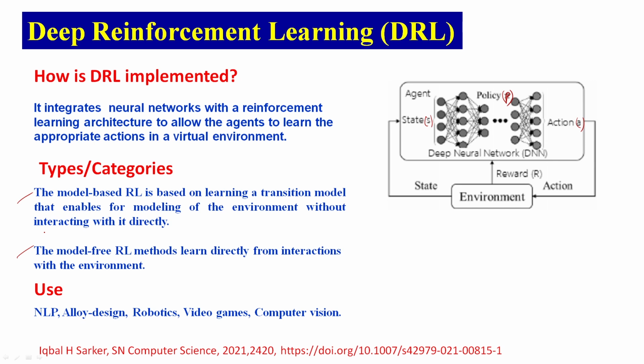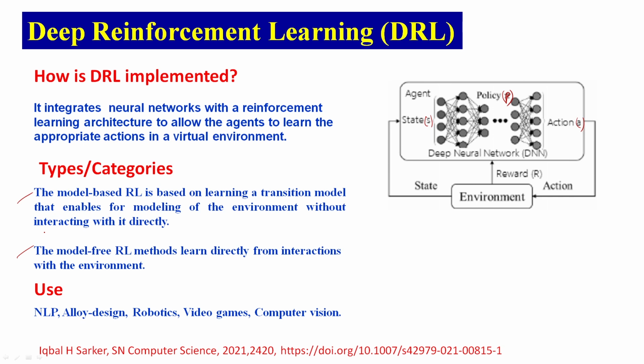Both are possible, but the indirect one is more widely used, because the agent will not directly interact with the environment. And remember, this is used in various kinds of things like NLP, alloy design, robotics, video games, computer vision. And this is something which is also going to change the dynamics of machine learning methods.